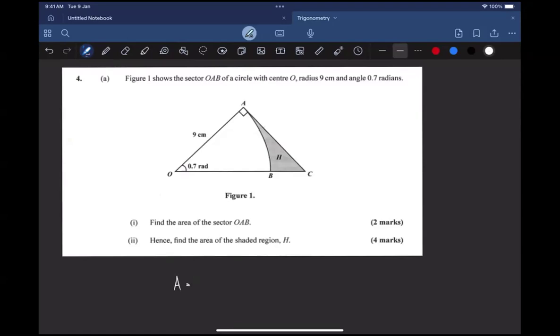The included angle. Do we have any included angles? No, we don't.